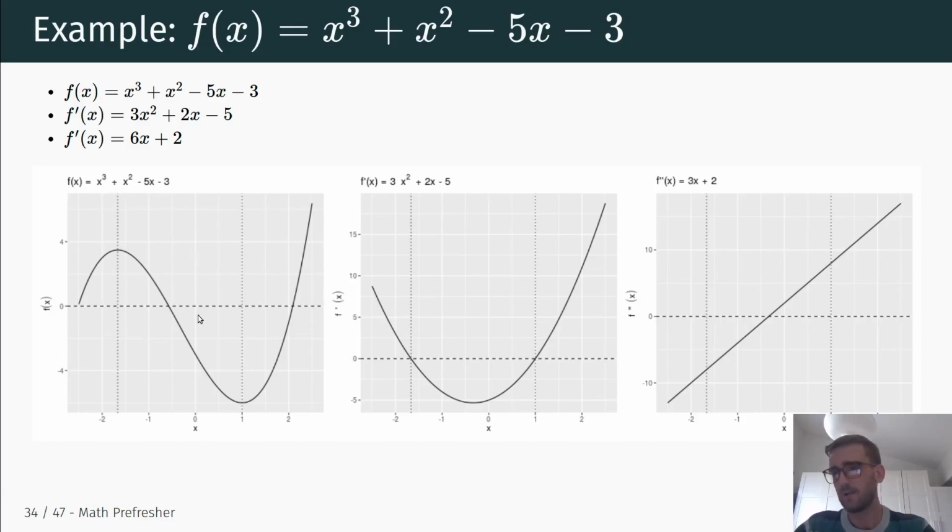Okay, and of course we can directly see there's one local maximum and one local minimum here, at minus 1.666 and one at x equals 1. That's a local minimum.